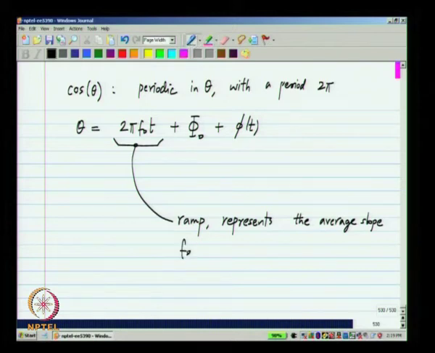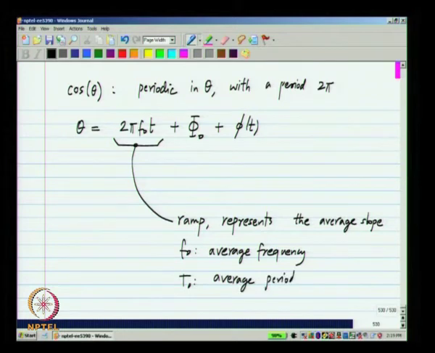So, this f naught is really the average frequency, because the signal is not exactly periodic, and the average period is T naught. And there will be deviations from this and the average deviation is captured in this phi naught.